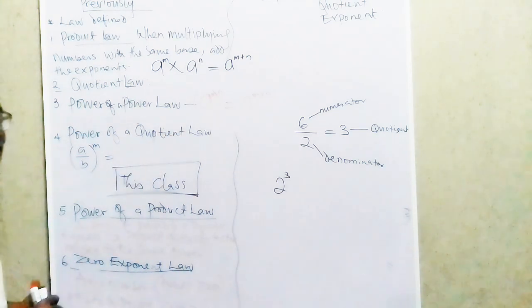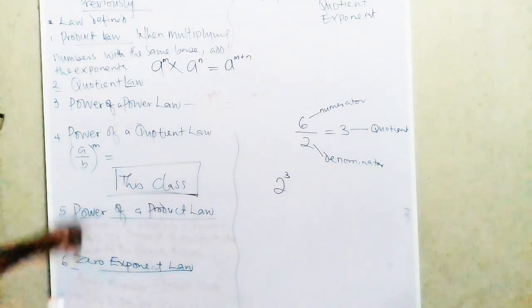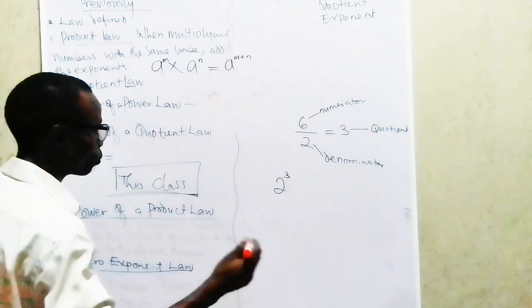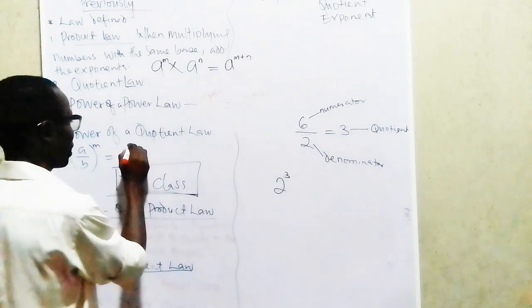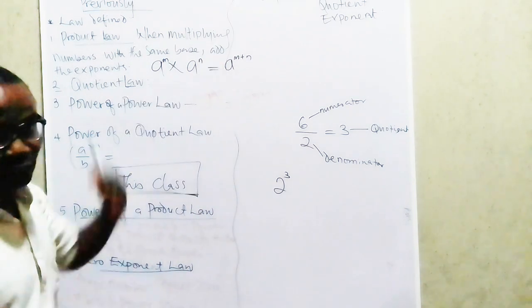And then last week, in the last class, we also looked at the power of a quotient. That is, for example, you have it like this. We said a quotient is the result of dividing the numerator by the denominator.